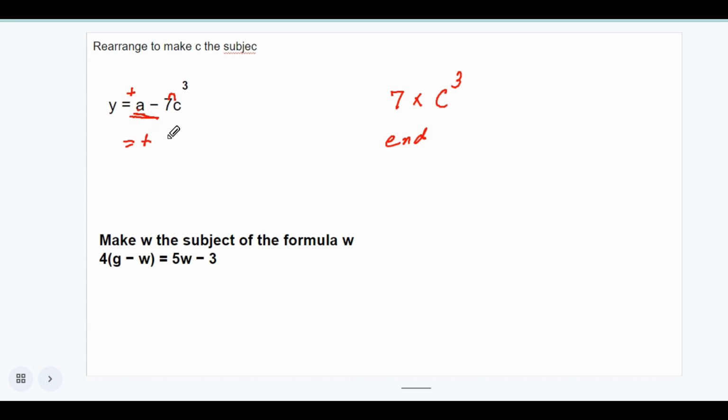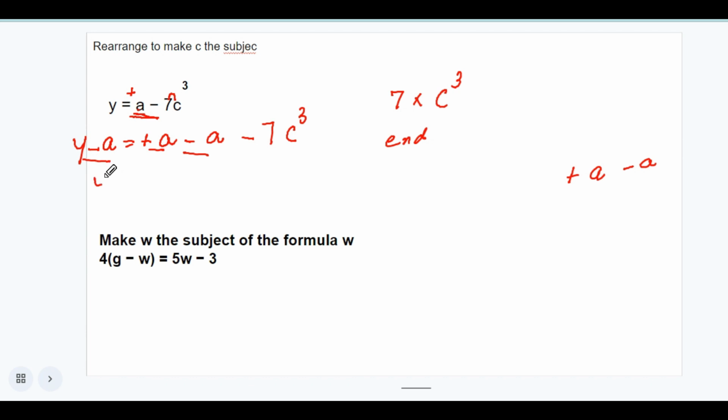So we need to remove this plus a. The opposite of plus a is minus a. Very good. So I will write here minus a, and on the other side I'm going to do the same thing, that is minus a, and write all other things as they are. y was as it is, minus a I added over here, the same thing I did on the left side.